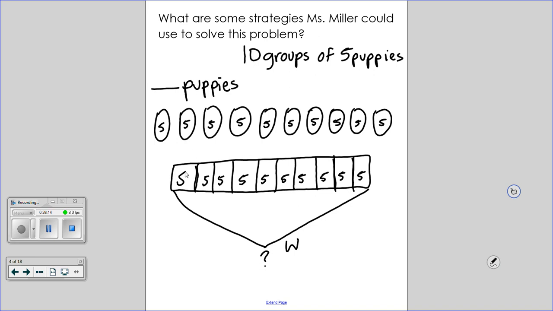Could you do subtraction? No. Well, I could make a subtraction equation, but is that going to be the most helpful? No. What kind of equation would be the most helpful? Addition. Is it just a simple part plus part?